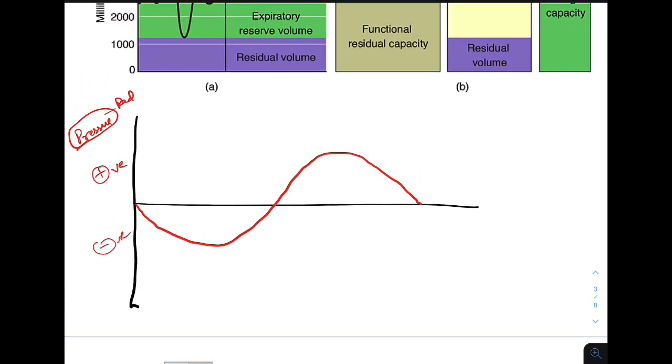Let us take this violet one as volume. Usually what happens is it is never negative, so there is an increase in the volume during inspiration, right? Everyone can say, even an LKG student. And there is a gradual decrease in the volume in expiration, right? Very good.